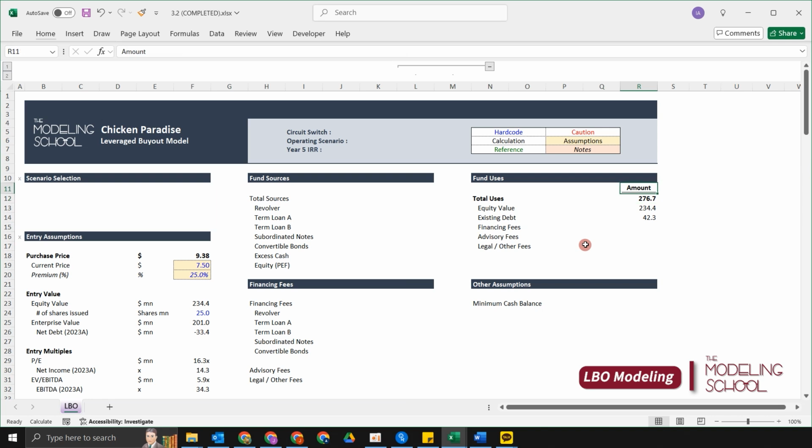Now we're going to come over to the total sources part. And total sources, the amount, should always equal total uses.